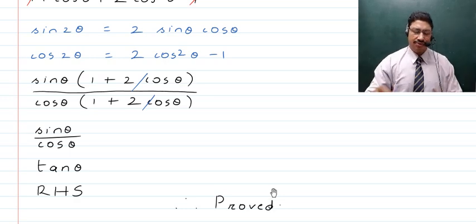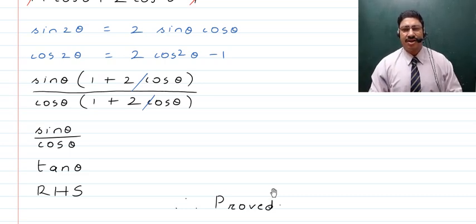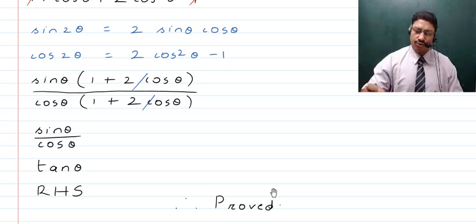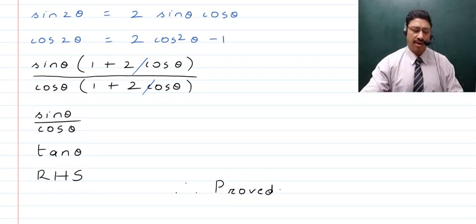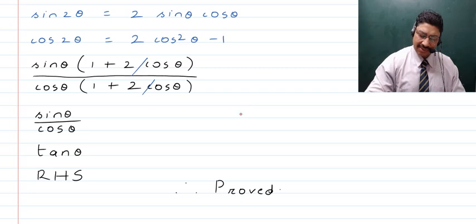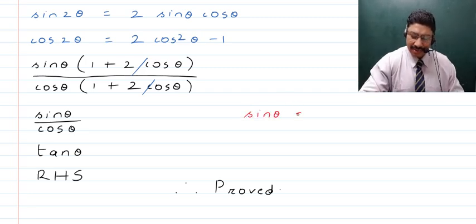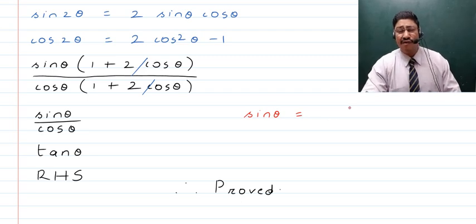Right now children, there is one question that Rakib has. Yeah, if you talk about sine theta and cos theta, they have two formulae more. Now if you talk about sine theta, then it can be written in the form of tan.